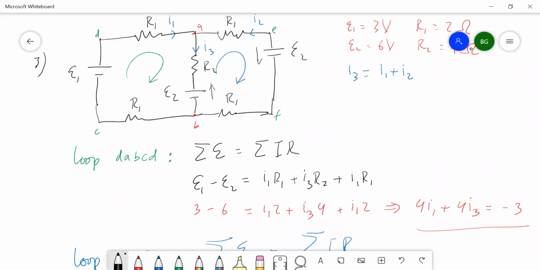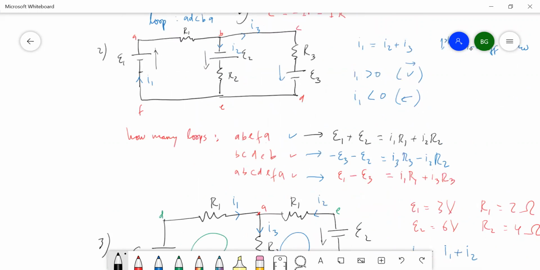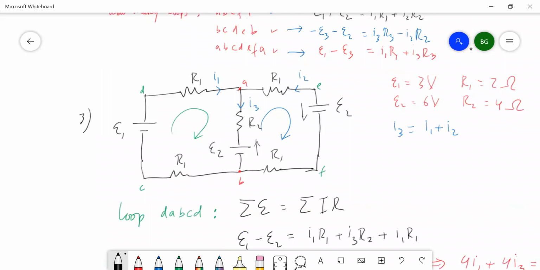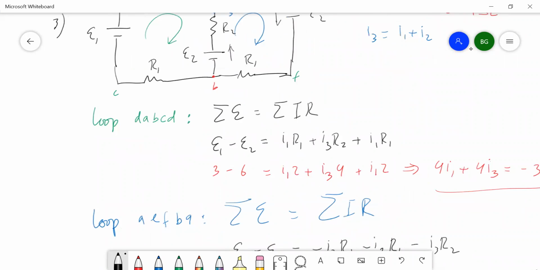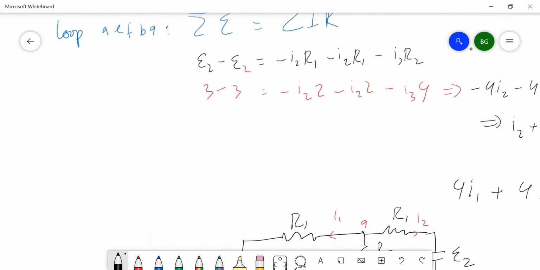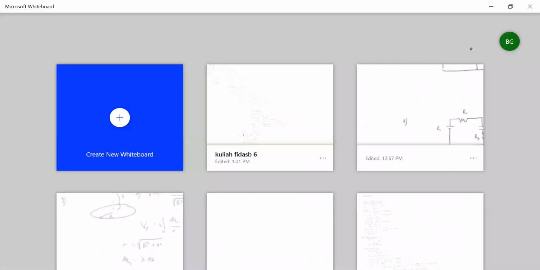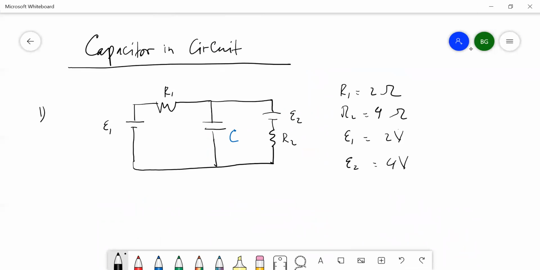We have discussed a more complicated example to calculate all of the currents in the circuit. I will continue the discussion today if we have a capacitor in the circuit.